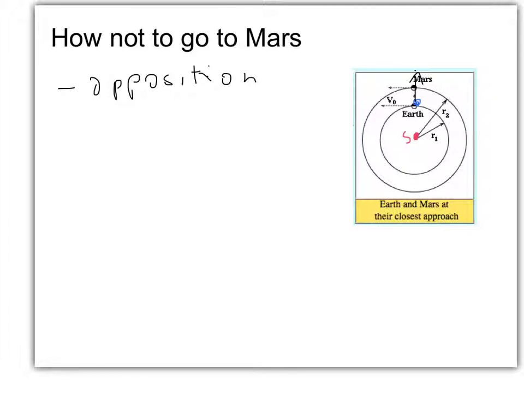Okay. So it'll still take a while for the craft to make it over that distance. Mars is moving, and so by the time the probe got here, Mars would already be long gone.